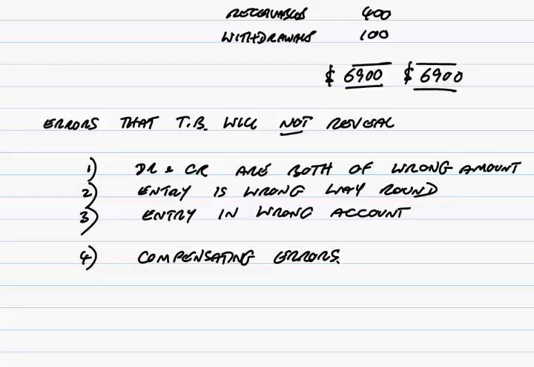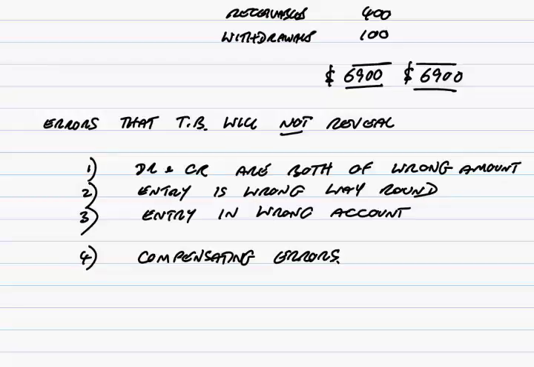If we credited cash 1,000 and debited car 100, the trial balance won't balance. There's a $900 error, the difference. But suppose there was another mistake somewhere else, which was $900 wrong, the other way round. What you can have is two or more errors which net off, which cancel each other.